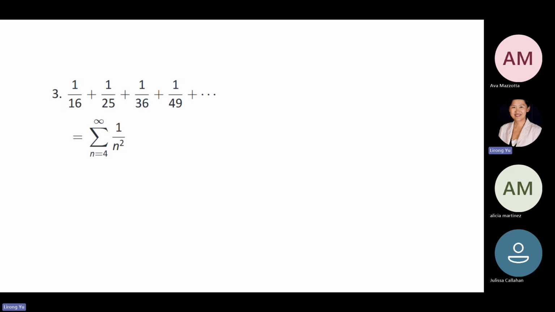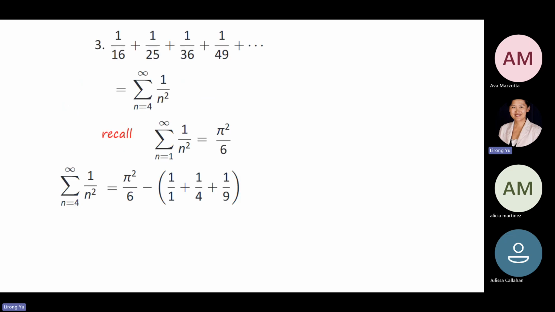No matter what, whenever you have an infinite sum of 1 over n squared, we recall the formula that if you start from 1, then 1 over 1 squared, 1 over 2 squared, 1 over 3 squared, this entire infinite summation is pi squared over 6. That was the formula from the formula page that we have in this file. So all we have to do is subtract. If we start from 4, that means we are not adding that many terms.